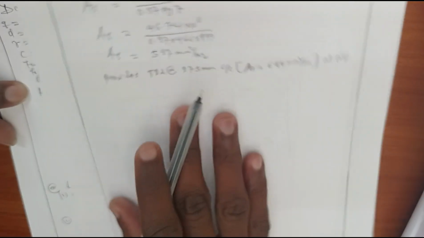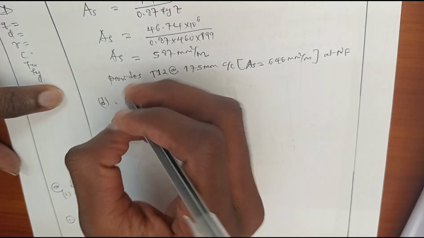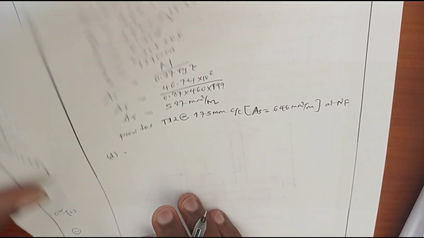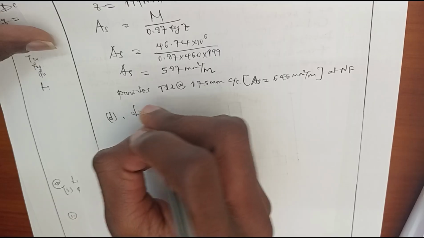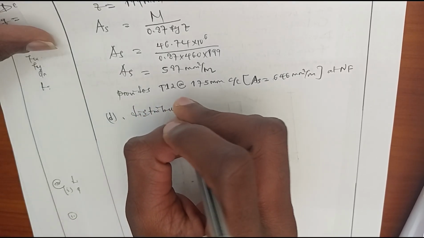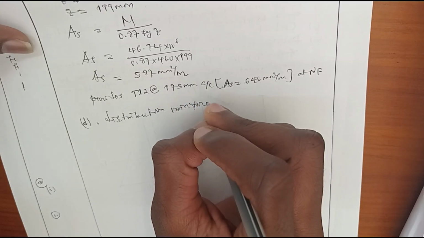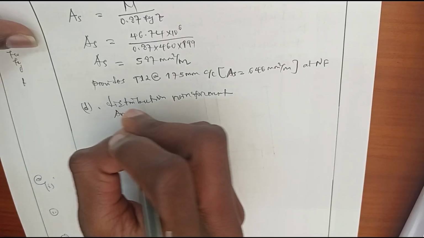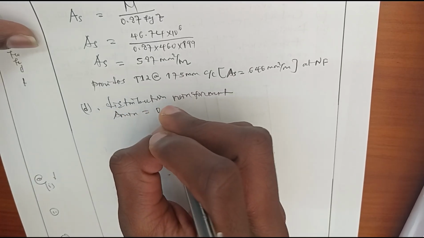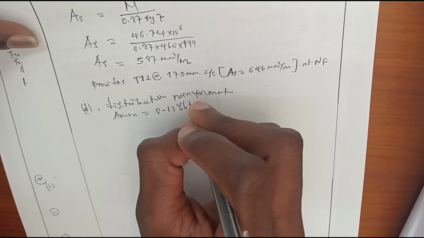Now let's find the value of the distribution reinforcement. This distribution reinforcement is due to the minimum area, which is obtained by taking 0.13 percent b times the thickness of the stem.